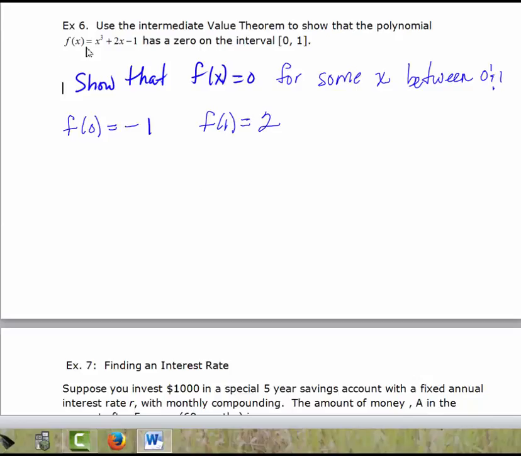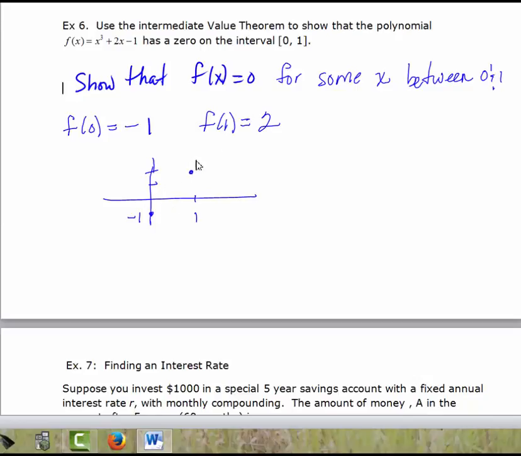Without graphing the function f of x equals x cubed plus 2x minus 1, just to demonstrate that point, here f of 0 is -1, and then f of 1 is equal to 2.